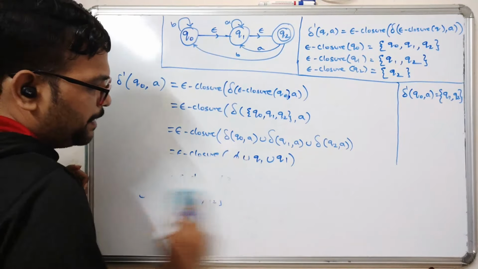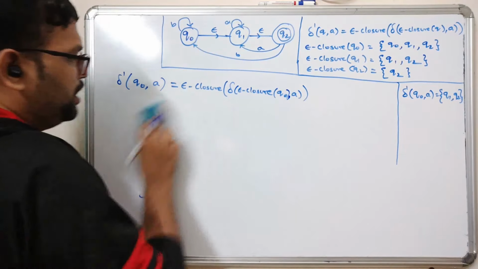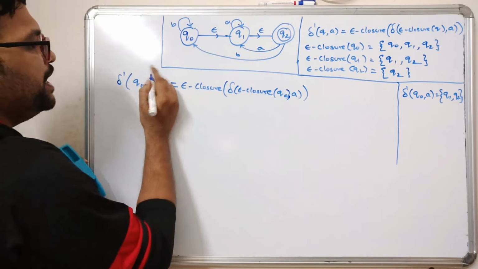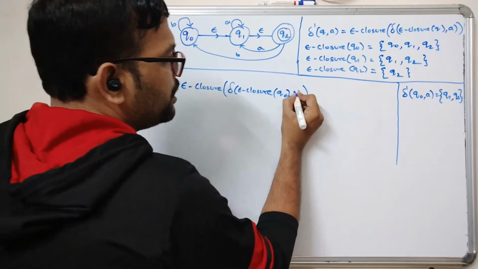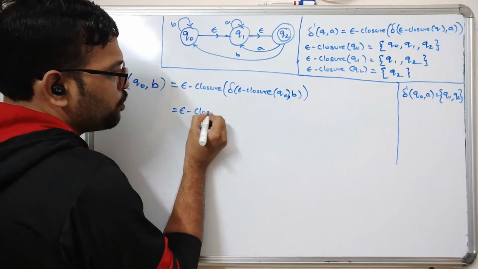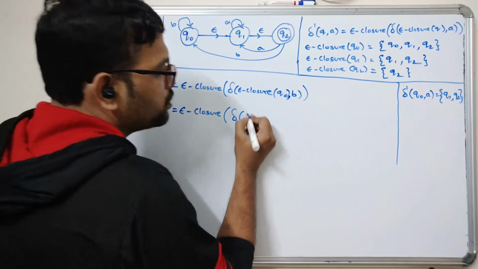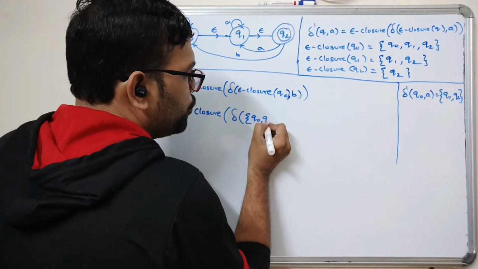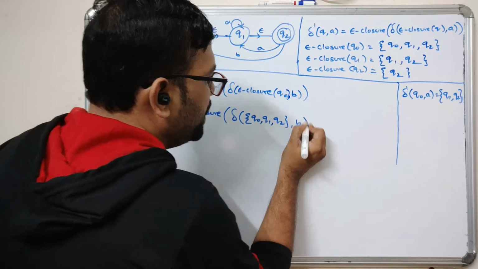Now we need to find every transition for every input symbol. So now you have to go with q0 on b. Here I replace this a with b. Again repeat the same process: epsilon closure of delta of epsilon closure of q0. Epsilon closure of q0 is q0, q1, q2, comma b.